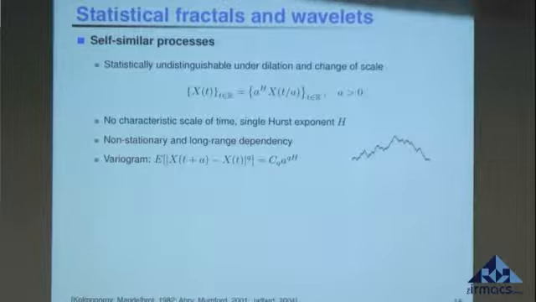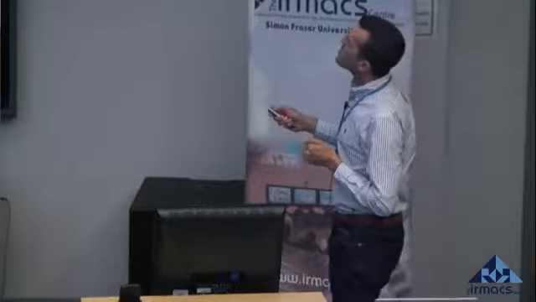Now, such a signal, of course, has no characteristic scale anymore. There's one single parameter. It's non-stationary. It has long-range dependencies if H is bigger than 0.5. And we can characterize it typically by a variogram, which is the expectation of a finite difference of your statistical process, where the step I use in my finite difference is A. And what you see is that this expectation of the finite difference, taken to absolute value with a power exponent q, is just a simple function of the step of my finite difference.